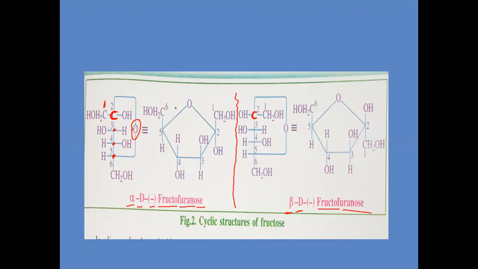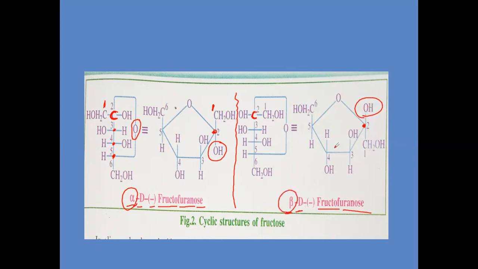So again, here, when you are making this hemiacetal structure into a cyclic structure, the hemiacetal is equivalent to the cyclic structure. In this cyclic structure, first atom is here, now second atom. On the second atom, if OH is below the plane, it will be alpha form. If OH is above the plane, it is beta form.